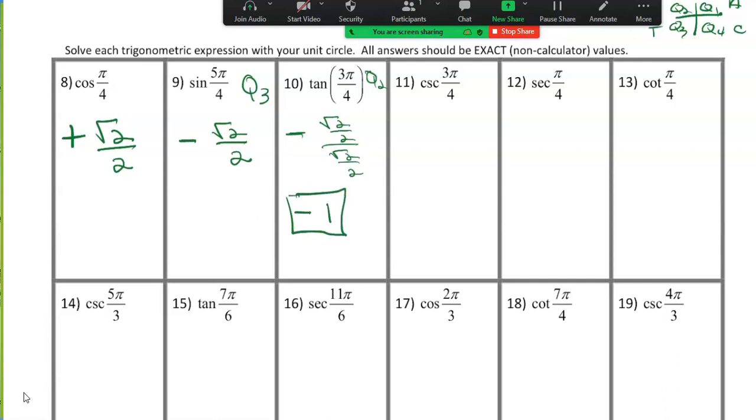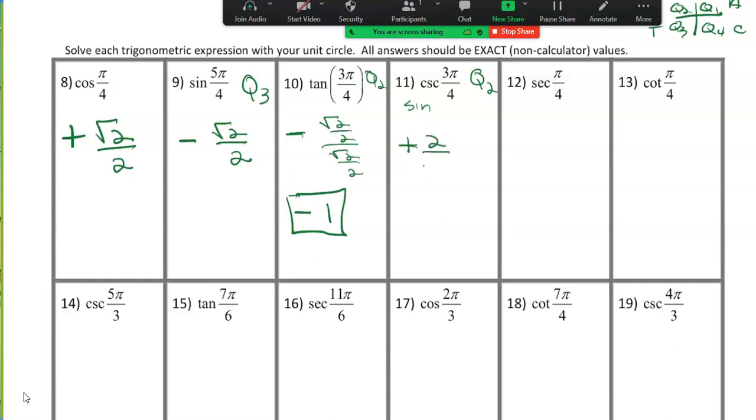Okay, cosecant of 3 pi over 4. Well, first off, I need to know what quadrant that is in. That is in quadrant 2. Cosecant goes with sine, so it's going to be positive. Now go over to pi over 4 and see what the sine value would be. It would have been root 2 over 2.